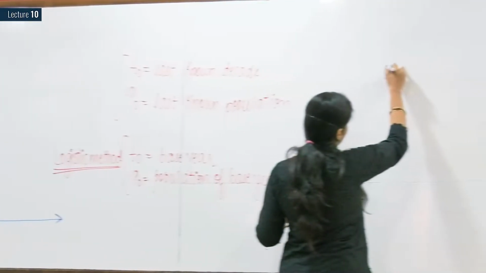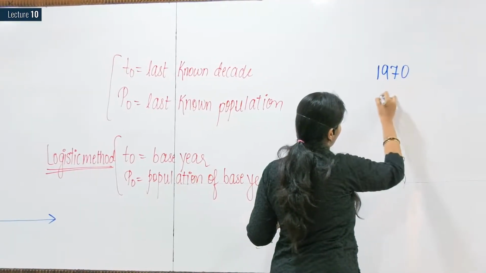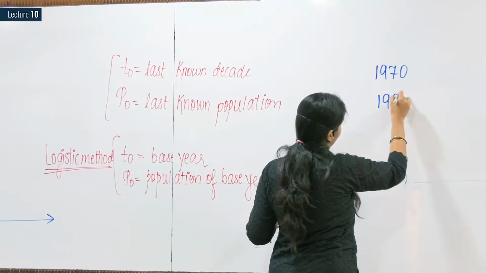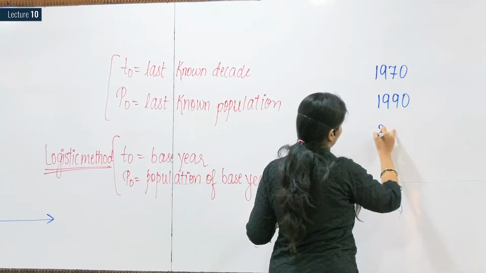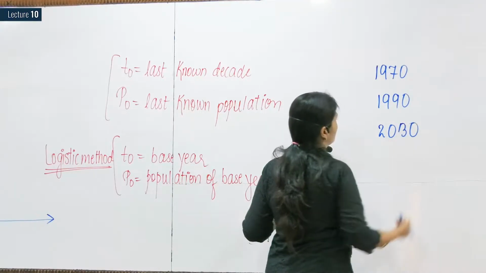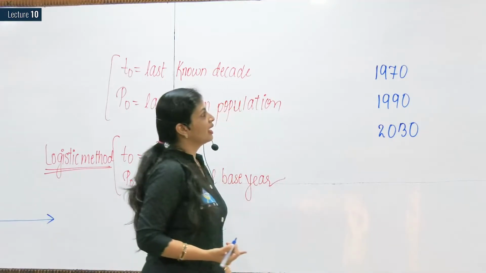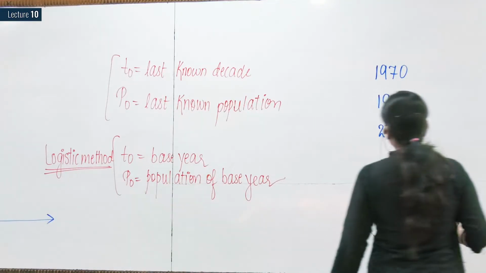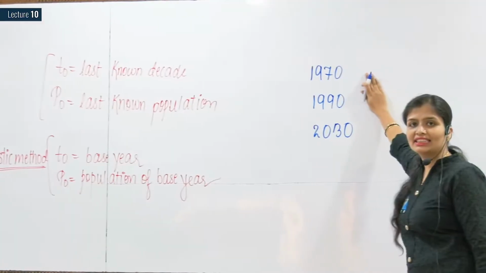Let us suppose 1970, 1990, and 2030. I will consider 1970 as the base year.